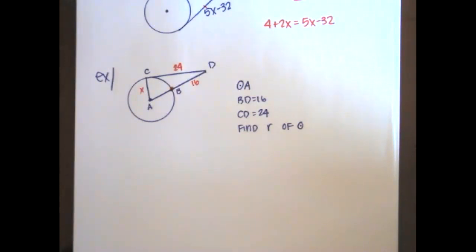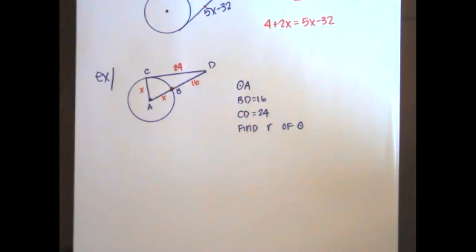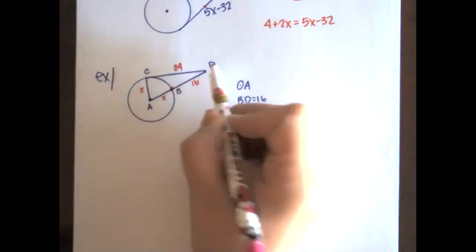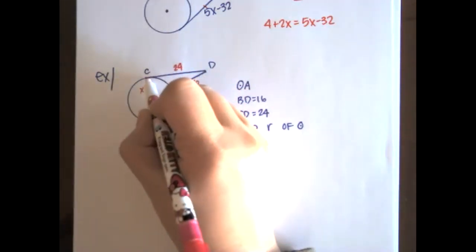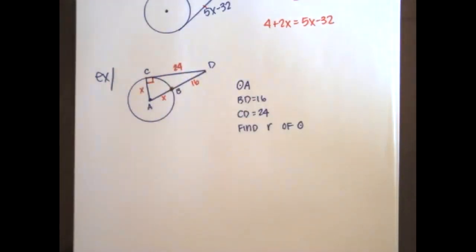Isn't there another radius? AB is also a radius. And radius to a tangent, so CD is a tangent because it's hitting the circle at one point. That creates a right angle. Oh, so now we have a right triangle.